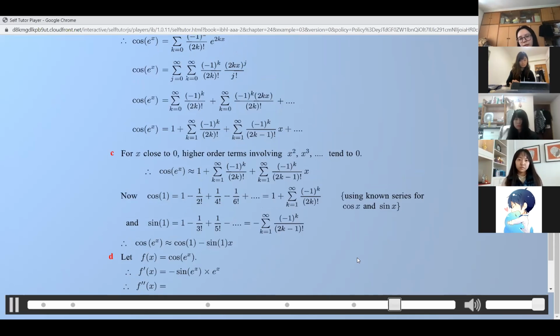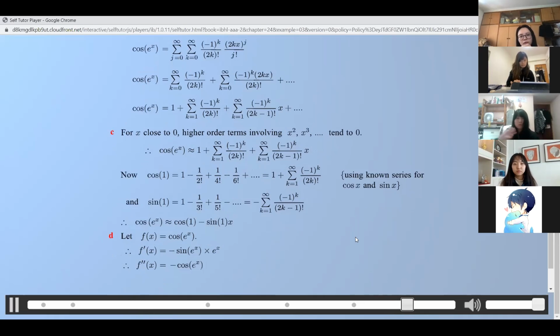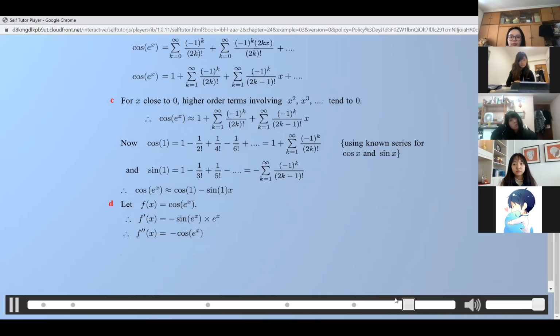Since the derivative of sine is cosine, we have minus cosine e to the x times the derivative of e to the x, which is itself, and we multiply this by the second factor, e to the x. Then we add minus sine e to the x times the derivative of e to the x, which is itself.